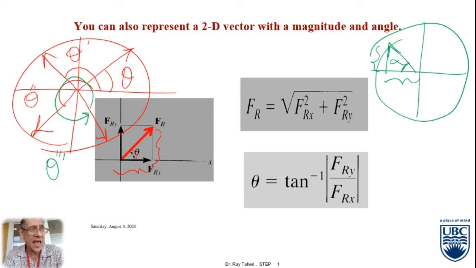However, the actual angle from the positive x is this. So this is my actual theta, which in this case is 180 minus alpha. So we can calculate this alpha here.